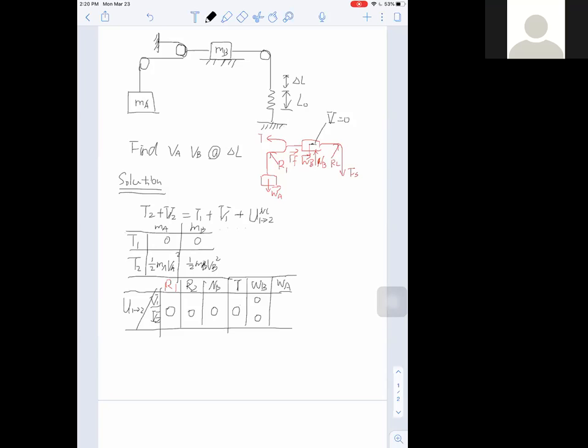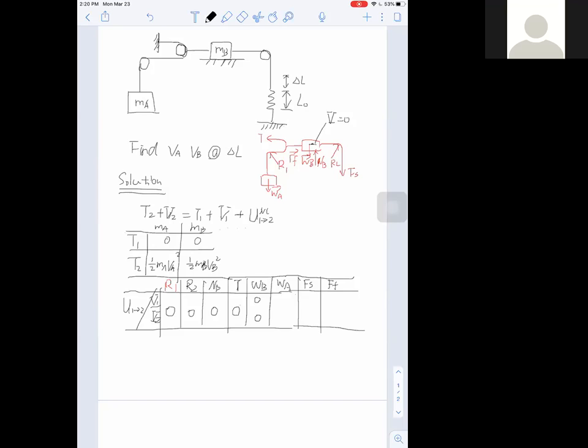Let me finish the rest of the table. What other forces do we have on our free body diagram? We have this Fs, which is the force from the spring, as well as the friction force Ff. So you would need to find the work done by Fs and Ff.